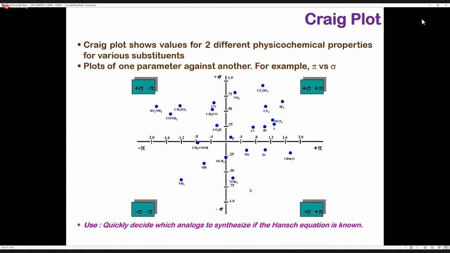If you want both of them positive, then you look at this part, the top right. Right? If you want your plot positive, then you go top right. Right? If you want pi negative and sigma positive, then you go top left. Right? If you want sigma negative and pi negative, you go to the bottom left and bottom right. So here we have identified where the compounds are.